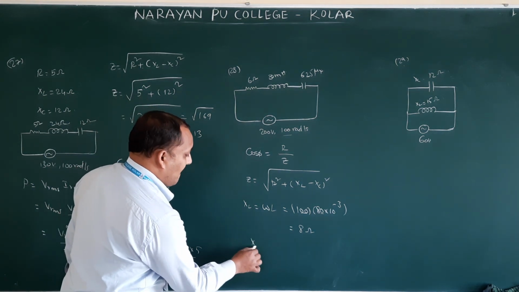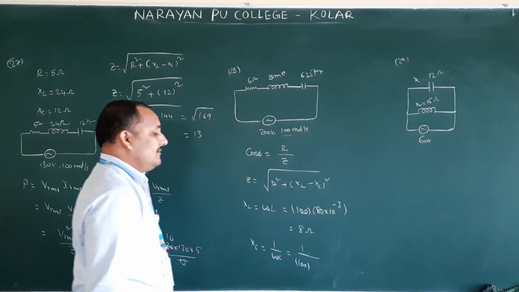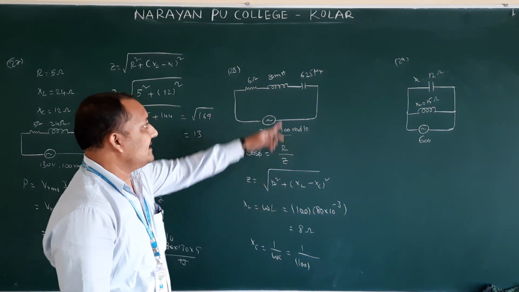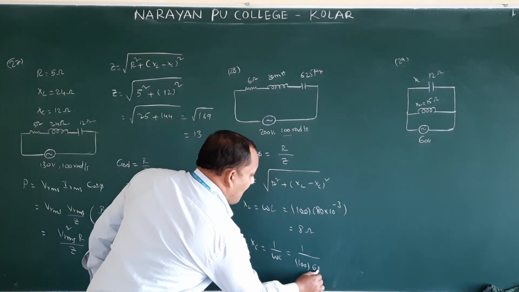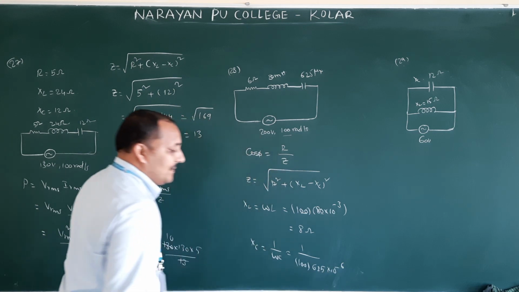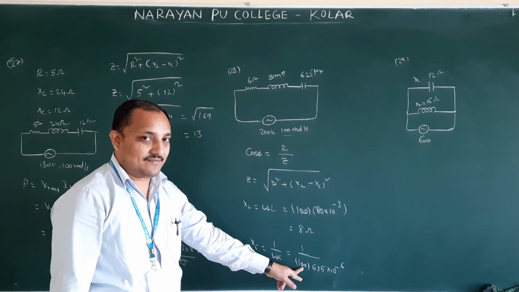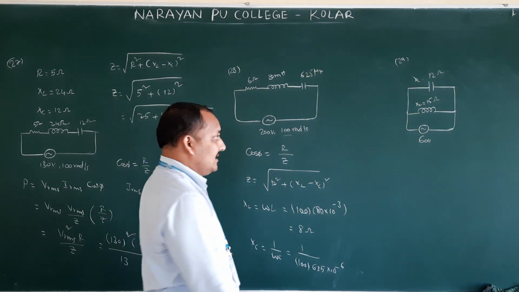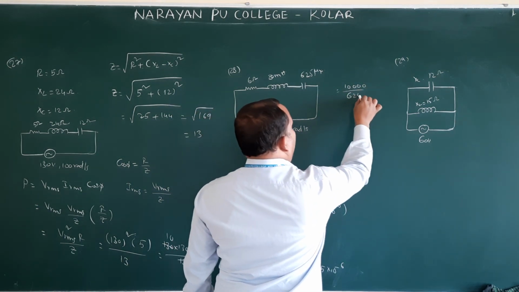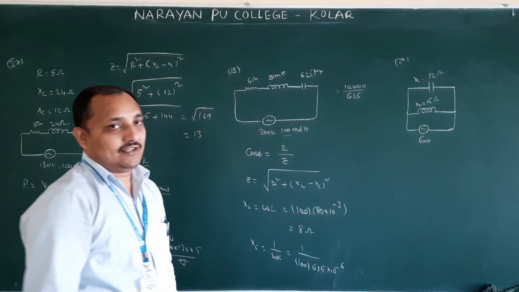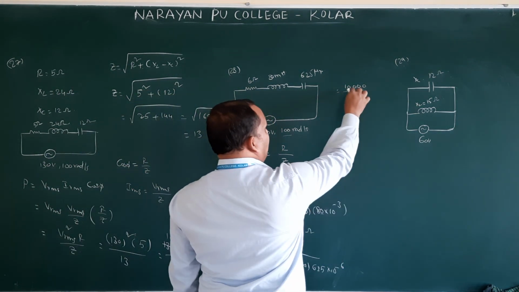Next XC. 100, omega means 100. C means the capacity value, how much they give? 625 microfarad, 10 power minus 6. So 10 power minus 6, 10 square, 10 power minus 4. 10 power minus 4 is going to the numerator. How many zeros? 10 power 4 means 10,000 by 625. You can cancel either 25 or 5 initially.